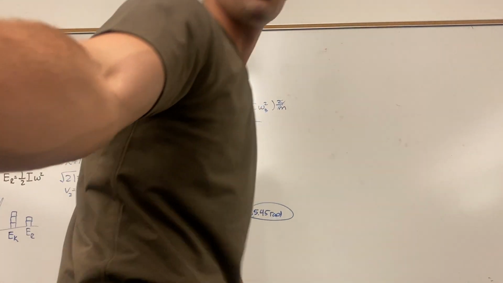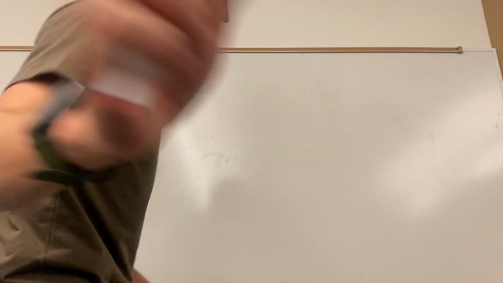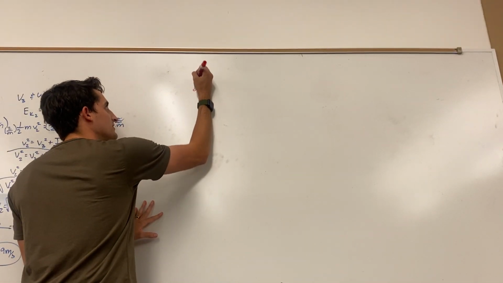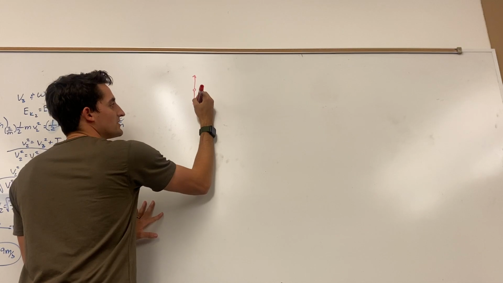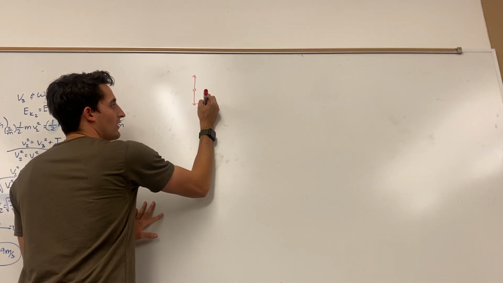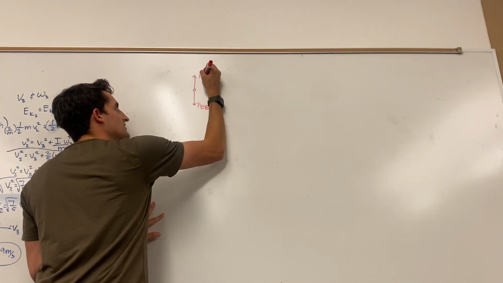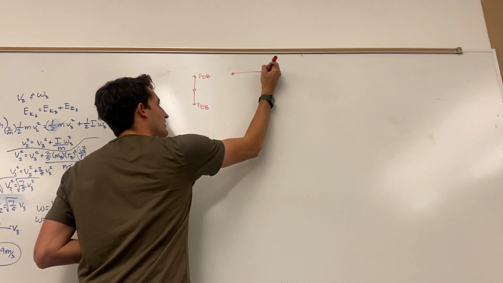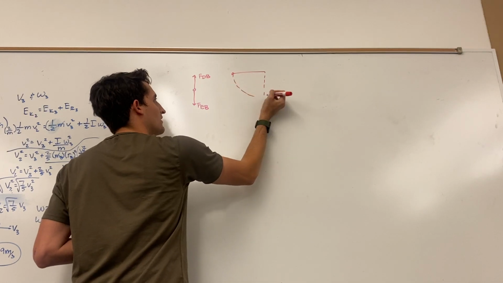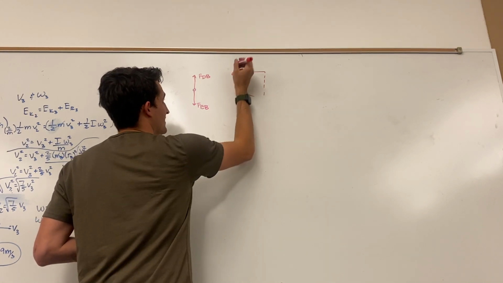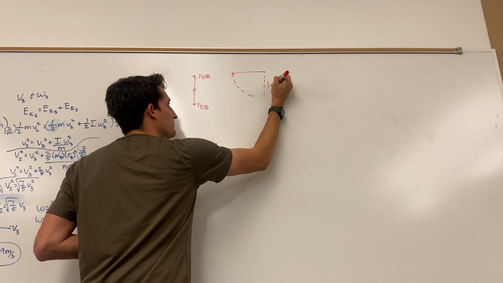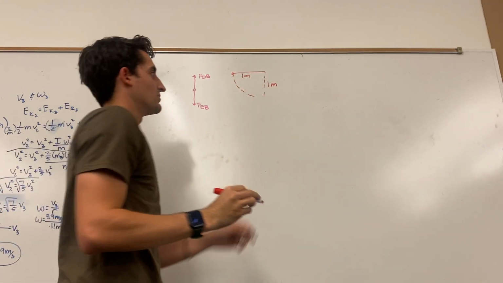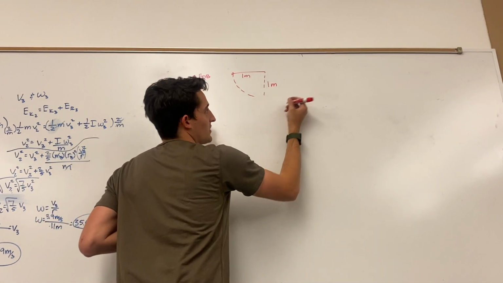So we know a few things. We know the force diagram of this, which is the force of the earth on the ball and the force of David on the ball. We also know that this is 1 meter, and this is also 1 meter, so the length of his arm is going to be 1 meter in this question.